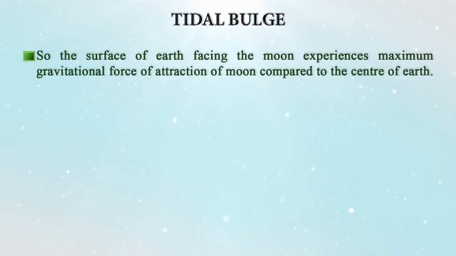When the surface of earth faces the moon, it experiences maximum gravitational force of attraction of the moon compared to the center of the earth. Think that this is the earth, this is the globe, this is the surface of the earth, and this is the center of the earth.